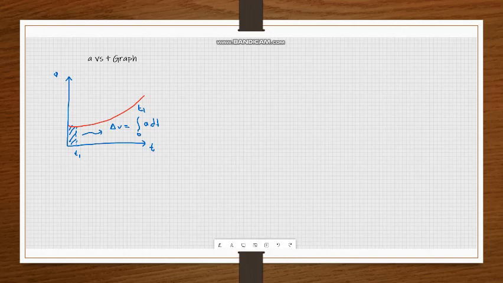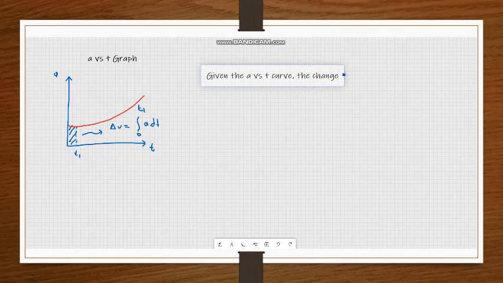Okay, let's continue to define. Given the a versus t graph or curve, let me put this here so it's neat.